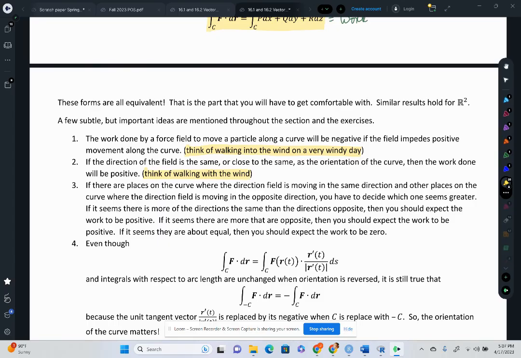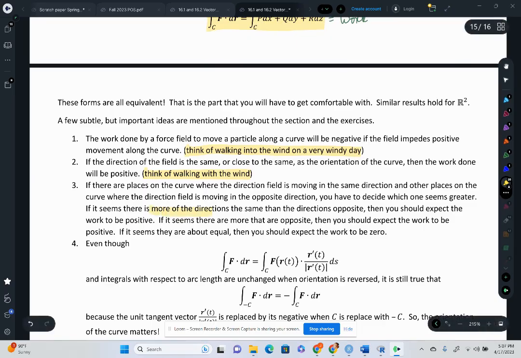If there are places on the curve where the direction of the field is moving in the same direction, and other places on the curve where the field is moving in the opposite direction, you have to decide which one seems bigger, which one seems to have a greater value. And if it seems that there are more of the directions that are the same than the directions that are opposite, then you would expect your work to be positive.